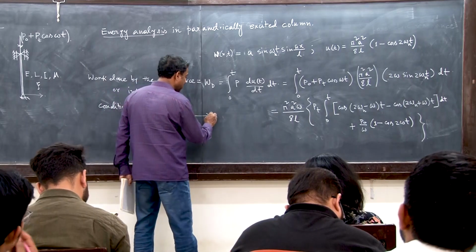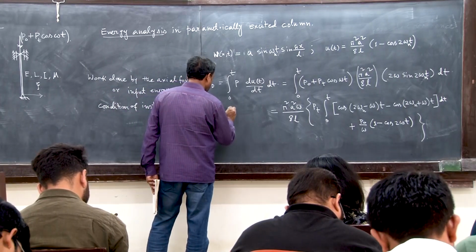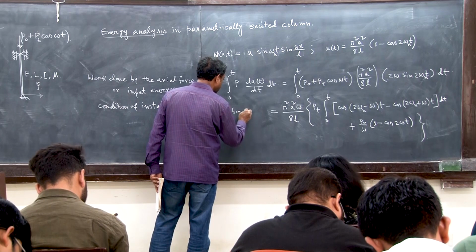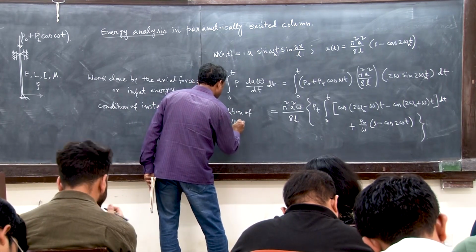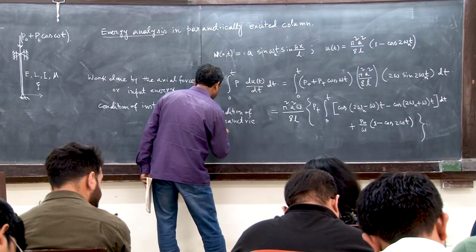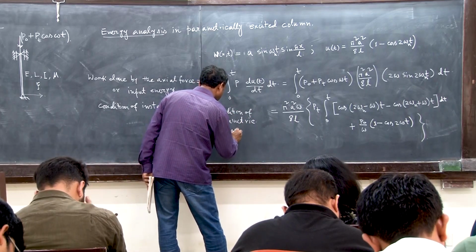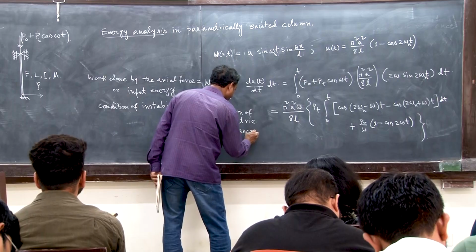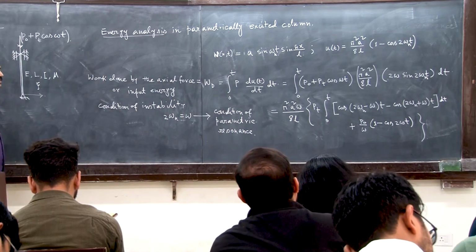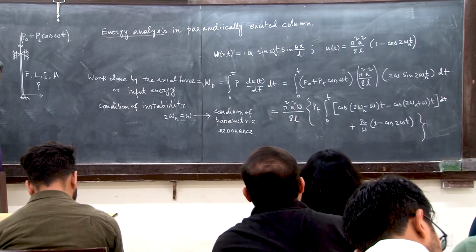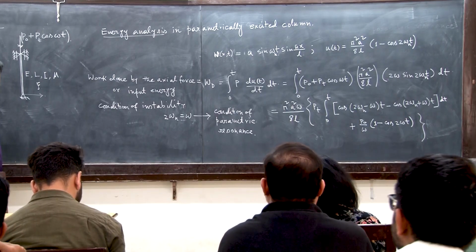And this is the same as the condition of parametric resonance. It is identical to the condition of parametric resonance. This is a much simpler and more intuitive way to say it, right?